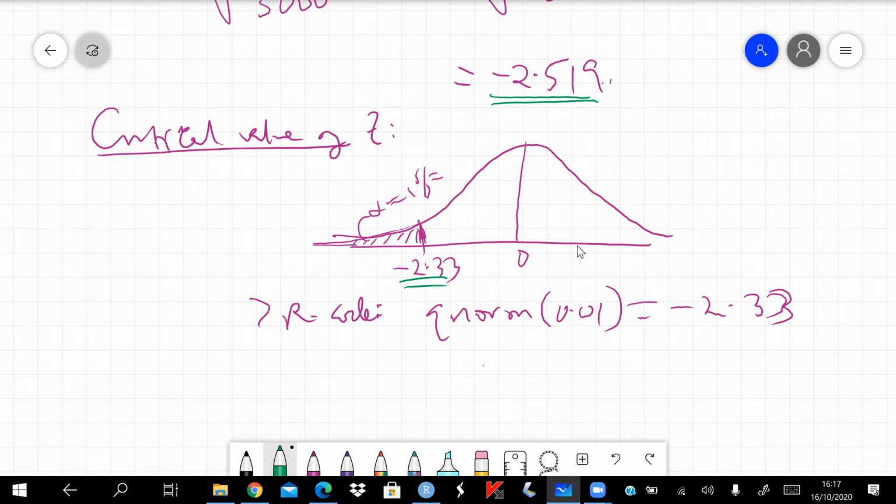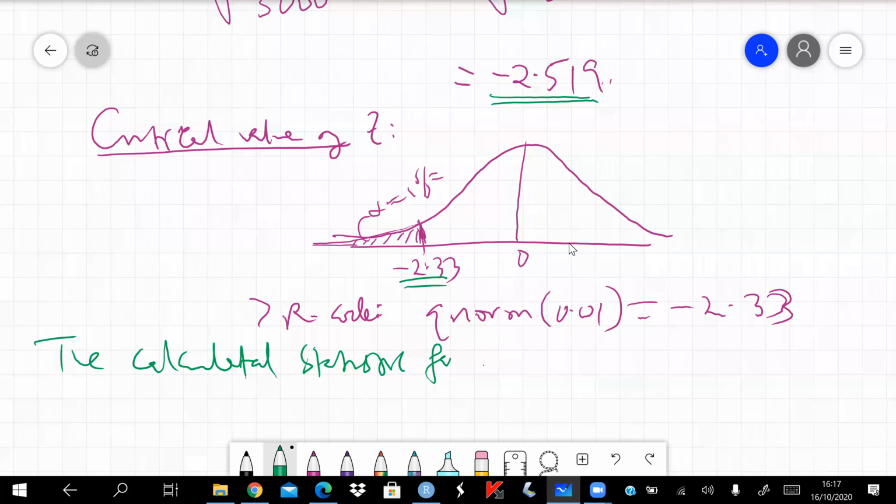So we notice that the calculated statistic, minus 2.519, falls in the rejection region.